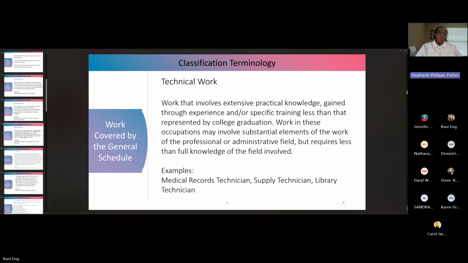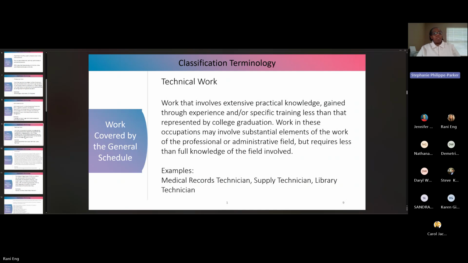So the third area of work here is technical work. This involves extensive practical knowledge, gained through experience or specialized training that comes to less than what a college graduate or a degree would have. It involves substantial elements of the work of both professional and administrative fields, but requires less than full knowledge of the actual field involved.